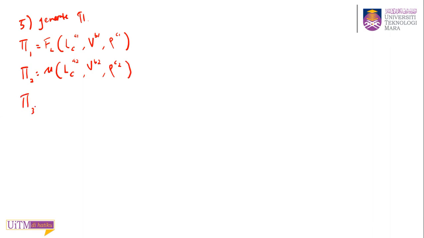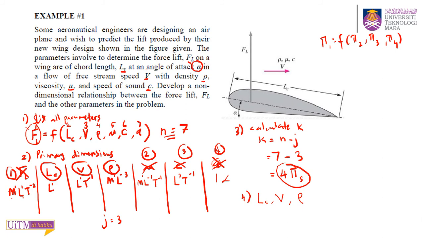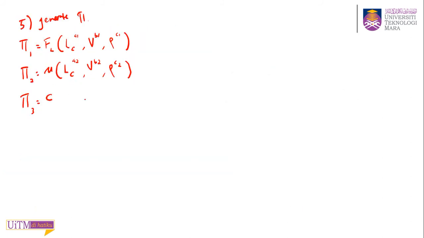The third pi will be our next non-repeating variable, C, the speed of sound, L^A3, V^B3, rho^C3. And the last pi, our fourth pi, will be the angle of attack, alpha, times L^A4, V^B4, rho^C4.